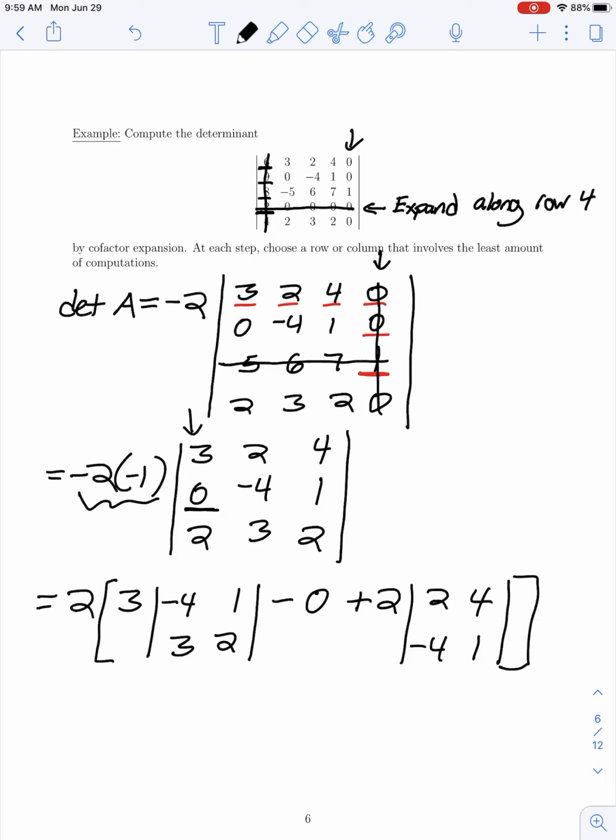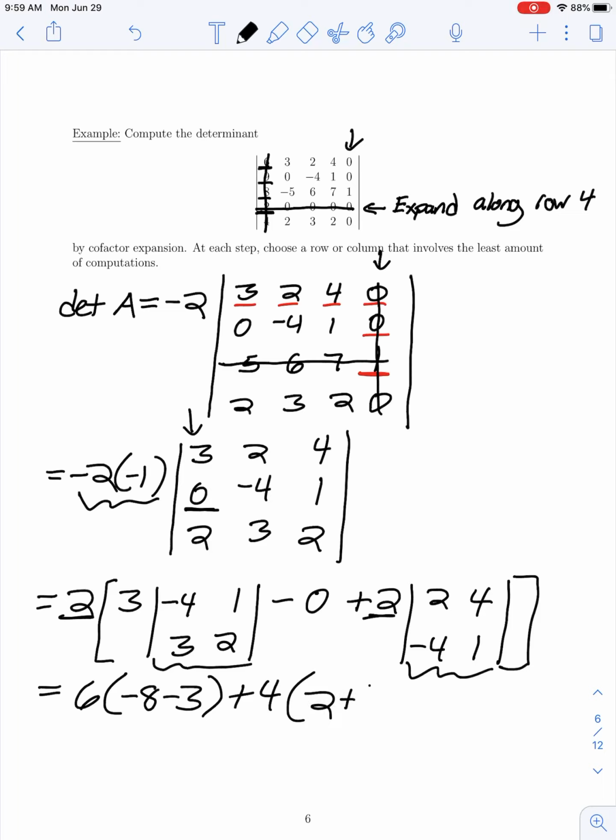All right. So let's see what we're left with. Distributing our 2, we have 6 times the determinant of this first 2x2, which is -8 minus 3. And then I have my 2 times 2 becomes 4 times the determinant of this last 2x2 submatrix, which is 2 minus a -16, so that would be +16.